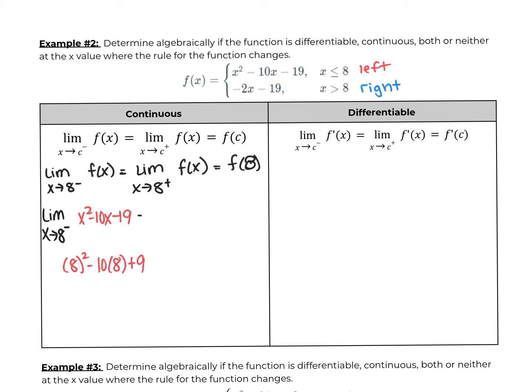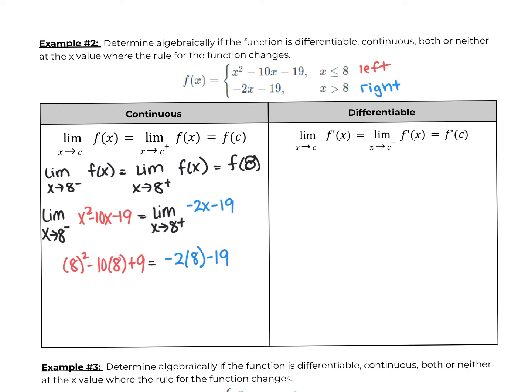And now we're going to play with the right side of the graph. So we need the limit as x approaches 8 from the right of my f of x function, which is negative 2x minus 19. That's my right side. And I'm going to plug in 8. So take a minute, pause the video, type these into the calculator, and hit resume when you're ready for an answer.